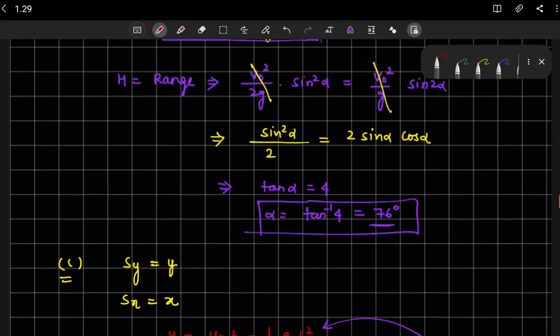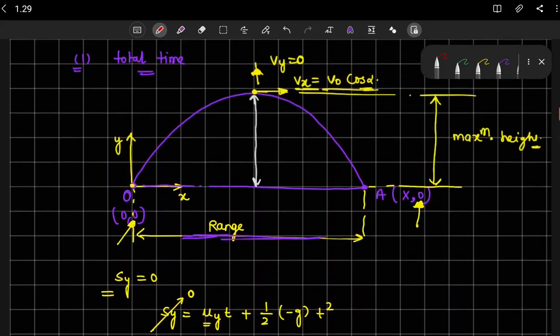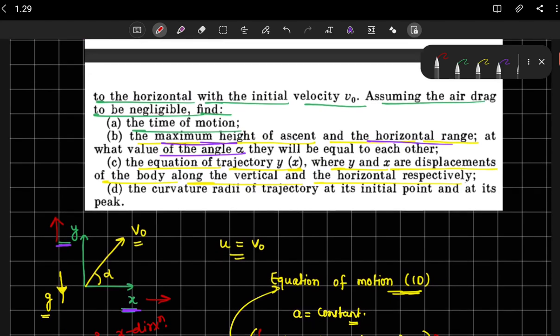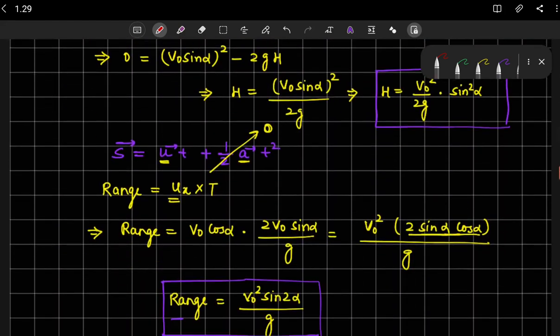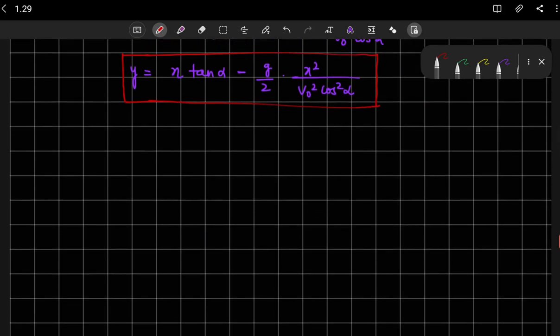Now coming to the last part of the problem. In the last part, it is asking to find the curvature radii of the trajectory at its initial point and at its peak. Okay, so first of all, let us write the formula for the radius of curvature.